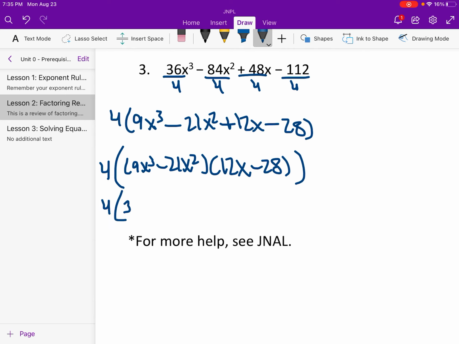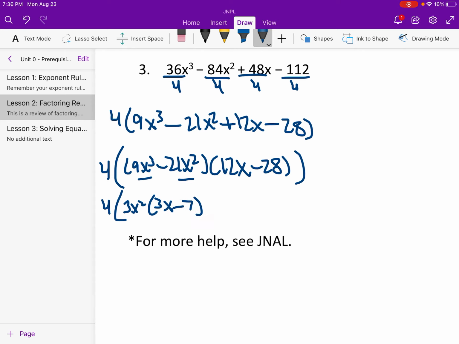And can an x? Yes, x squared is the highest we can do, because there's 3 x's here, 2 x's here, so we can do 2. That's how we know. So when we divide by those, we get 3x minus 7.